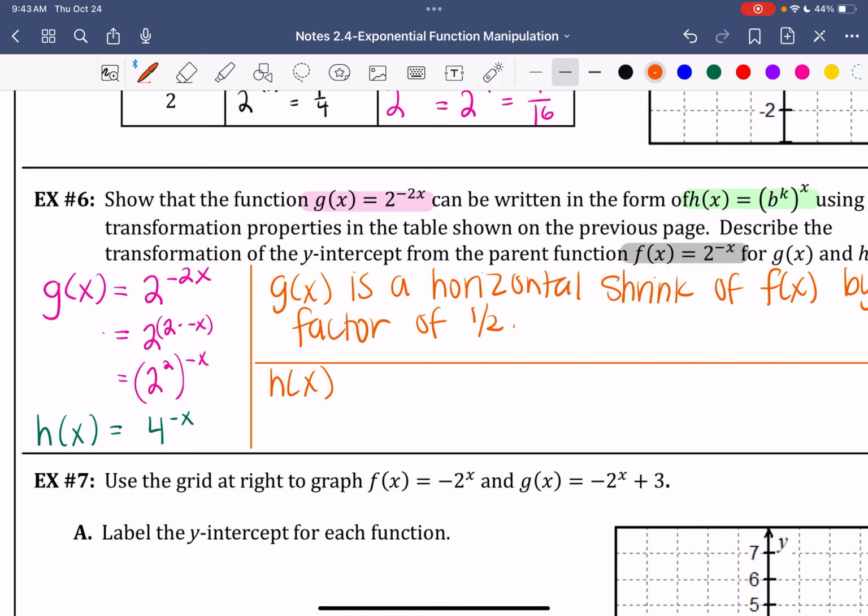So h of x is a change of base of f of x. So this is exponential growth. It was growing by a factor of 2. Now it's growing by a factor of 4.